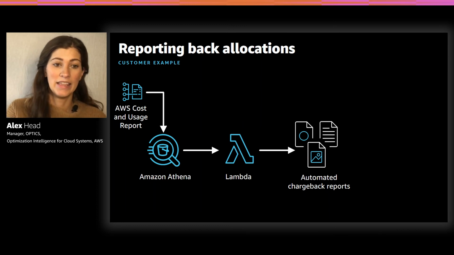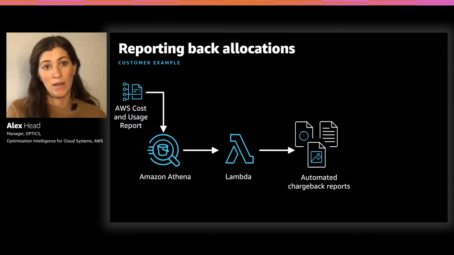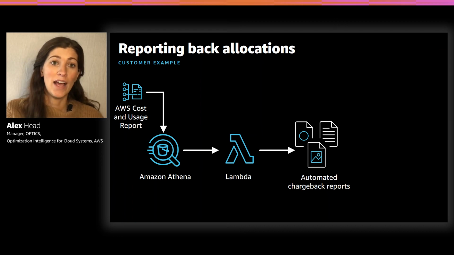Every week they had it set up in Amazon Athena to allocate those costs and use mechanisms like tagging, account names, and organizations to find out where the cost went. And then it automatically sent out the chargeback report, so kind of like their own bill.